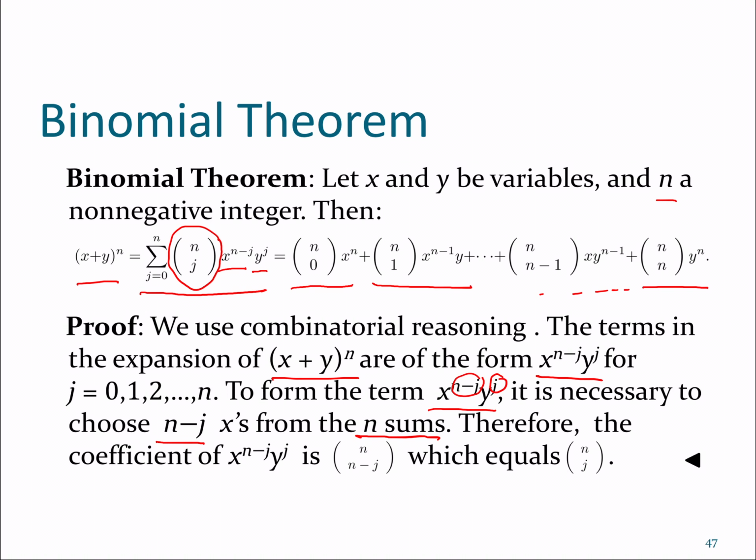So you only need to look at the x's: we are finding the combinations of n, taking n minus j of the x's from the n sums. So this is the combination n choose n minus j. We use combinations because the order doesn't matter; all the x's and y's are the same.